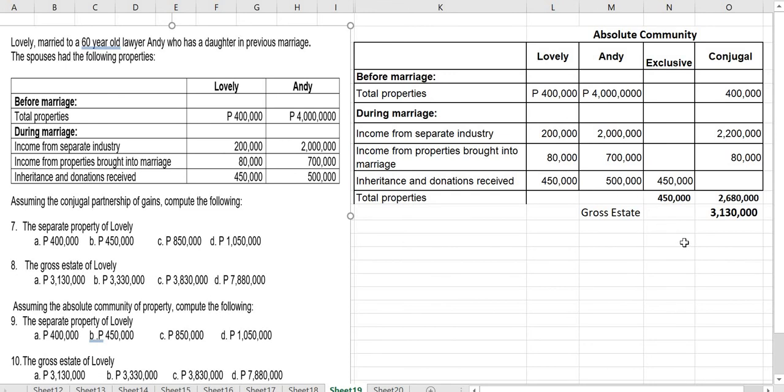So the exclusive property is 450, the conjugal is 2,680, and the gross estate is 3,130,000. That's for absolute community.